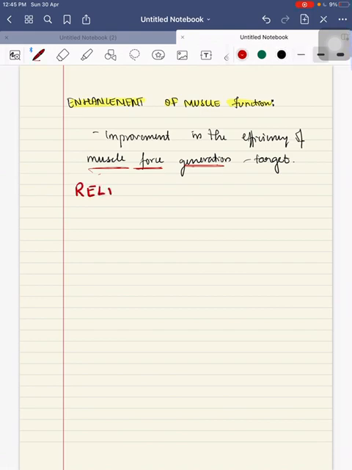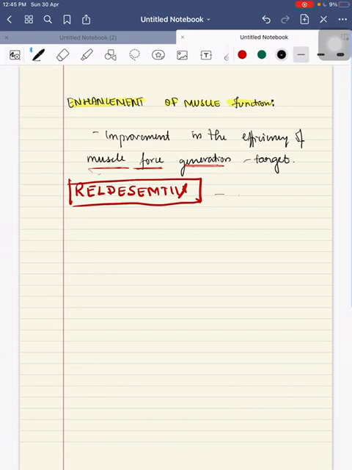For this we have the drug called reldesemtiv. It is an activator of skeletal muscle troponin and it increases the force of contraction.